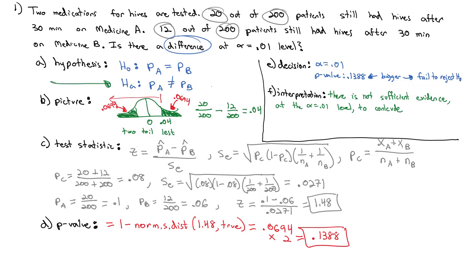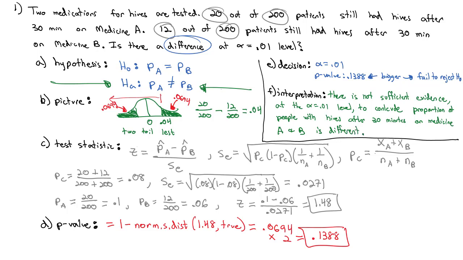And again, we're going to go to the alternate hypothesis, putting the alternate hypothesis in context: the proportion of A is not equal to the proportion of B, to conclude that the proportion of people with hives after 30 minutes on medicine A and B is different.